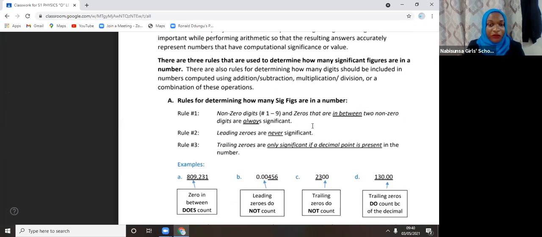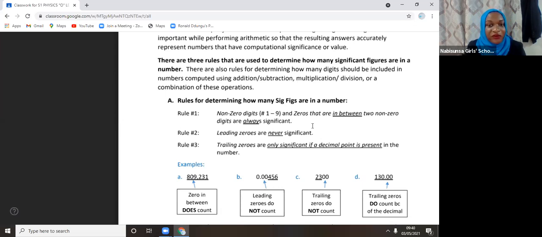And they're saying that all 3 zeros that are leading, we don't count them as significant figures. So let's summarize it and say that leading zeros are never significant. Is that okay? And rule 2 works hand in hand with rule 3. For you to understand it better, it's better we study them together.